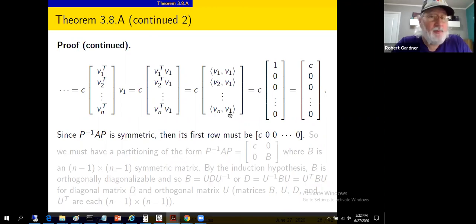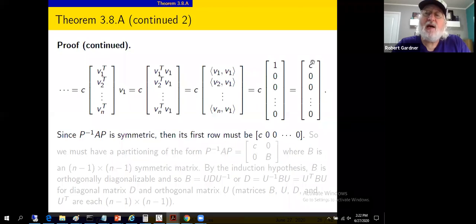I didn't know much about V2 through V sub n, but I knew they were all perpendicular to V1. They're all perpendicular to each other as well, but in particular, perpendicular to V1. Inner product of V1 with itself, that'd be the norm squared of V1. We had normalized V1 so that it has a norm of 1, so we get a 1 there. Orthogonality in all these others produces a bunch of zeros.